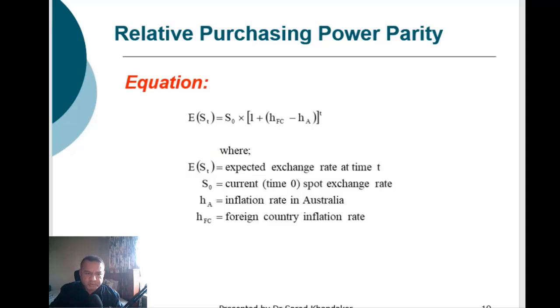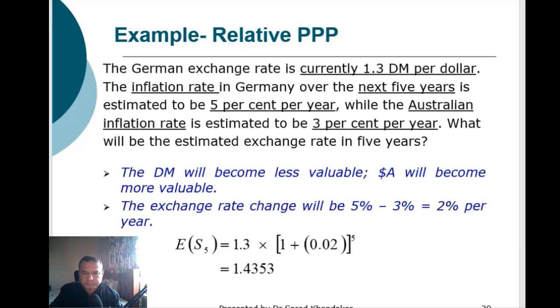So let's do a calculation. For example, the German exchange rate is currently 1.3 Deutschmark per dollar. The inflation rate in Germany over the next 5 years is estimated to be 5% per year, while the Australian inflation rate is estimated to be 3% per year. What will be the estimated exchange rate in 5 years?